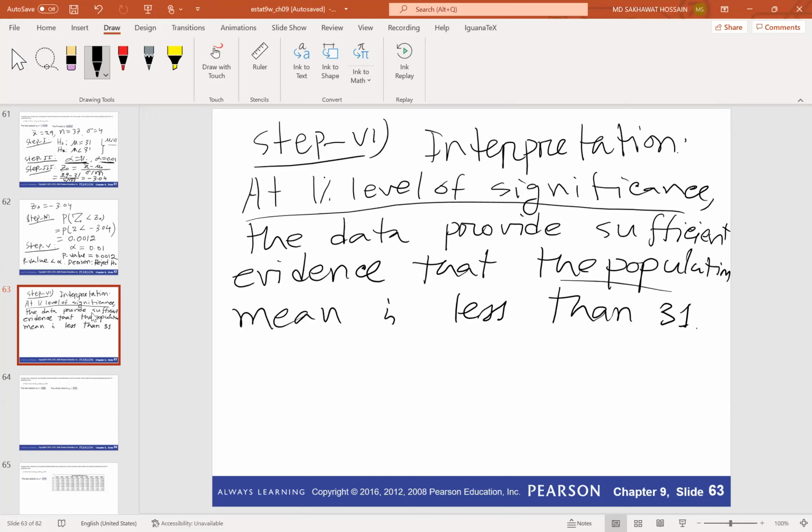And then you will write the alternative: mu is less than 31. So since we rejected the null here, we will say the data provides sufficient evidence that the population mean is less than 31. That's how you will write the interpretation. Okay, do you have any question?